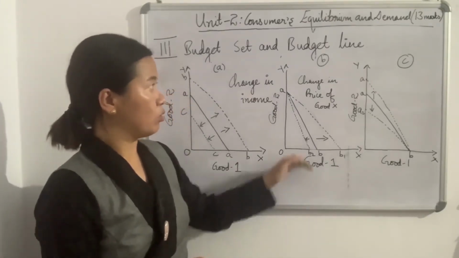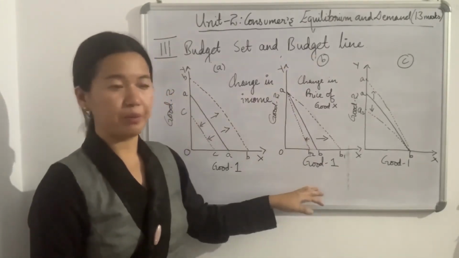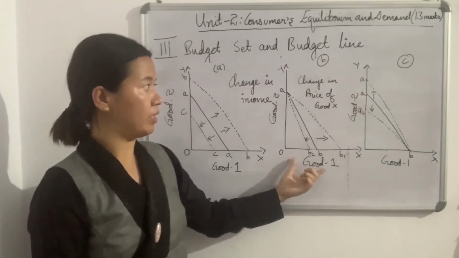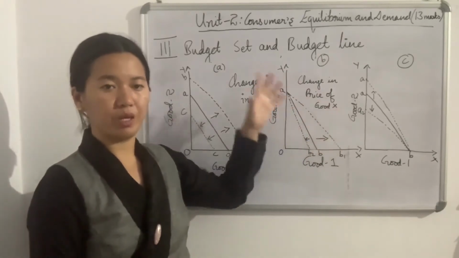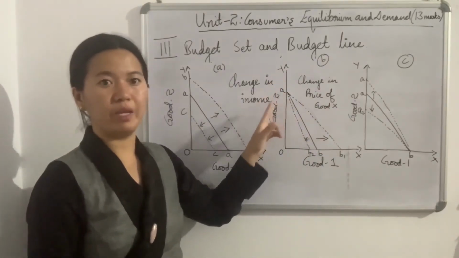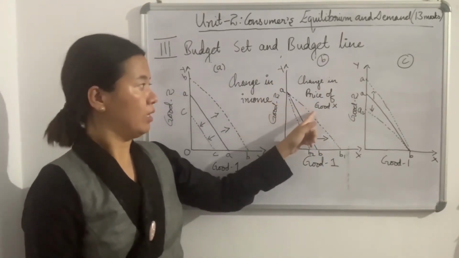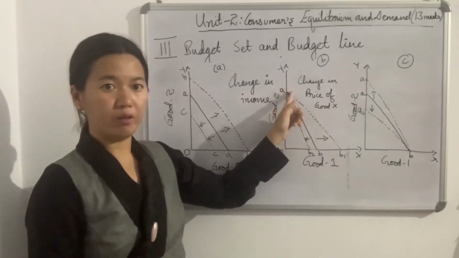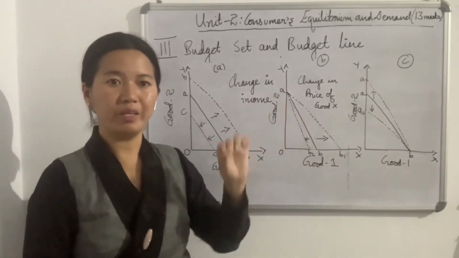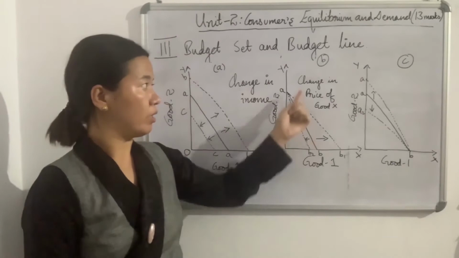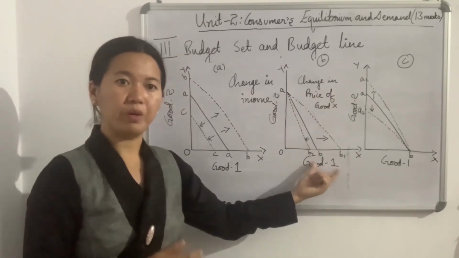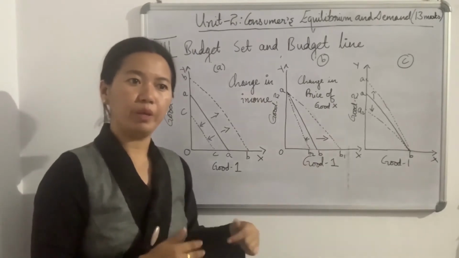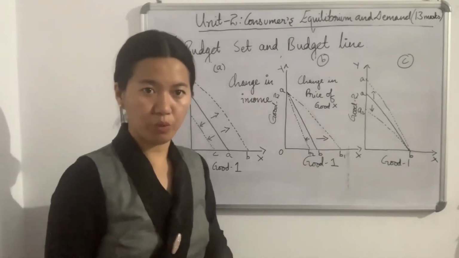Let's go to the second diagram, diagram B. In this diagram, there is a change in the price of good X, which means that the price of good 2 remains constant. When the price of good 2 remains constant, and also when your income remains constant, when the price of good X or good 1 falls, you will be able to purchase more of good 1.